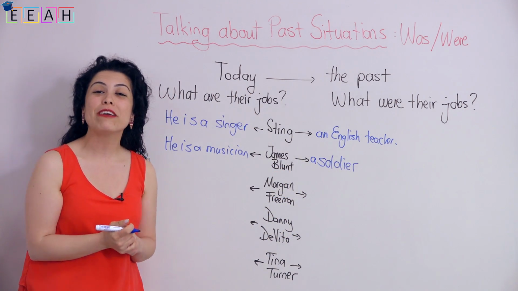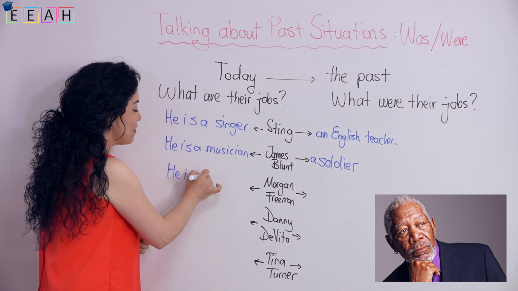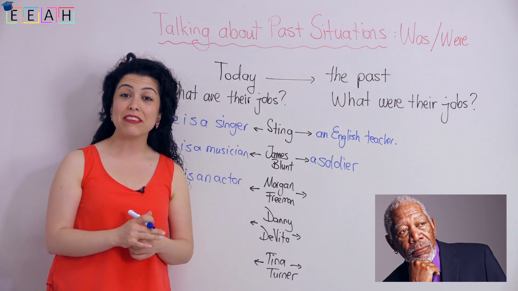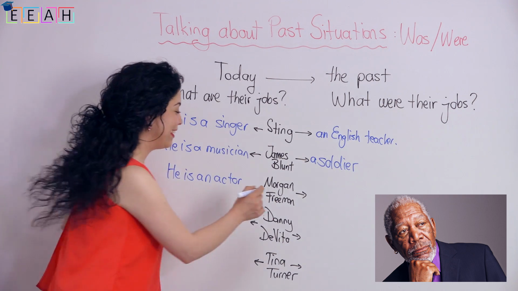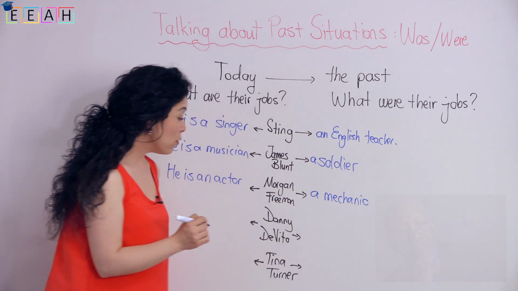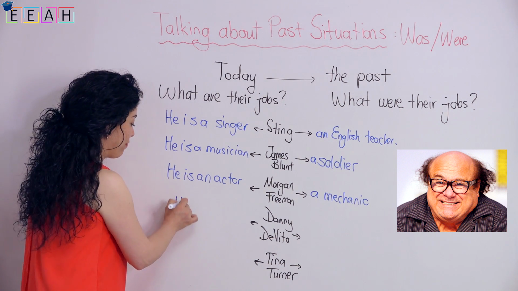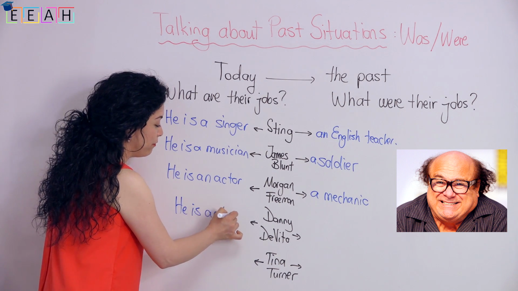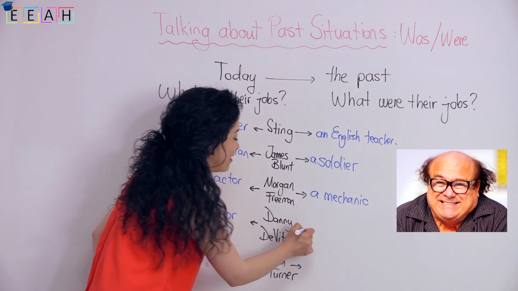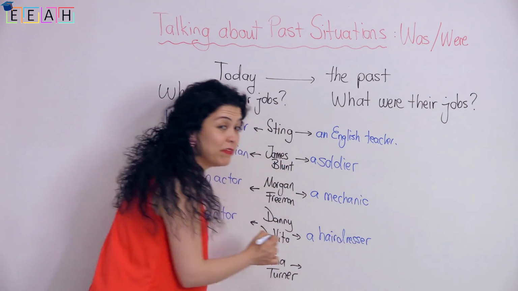Another one, we have Morgan Freeman. He is an actor, right? He is an actor, a famous one. Now, in the past, he was a mechanic. A mechanic. Okay. What about Danny DeVito? He is an actor too. He is an actor. But in the past, he was a hairdresser. A hairdresser. Tina Turner?